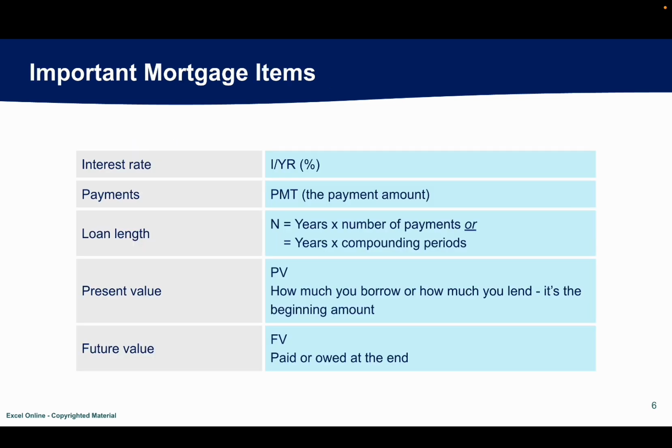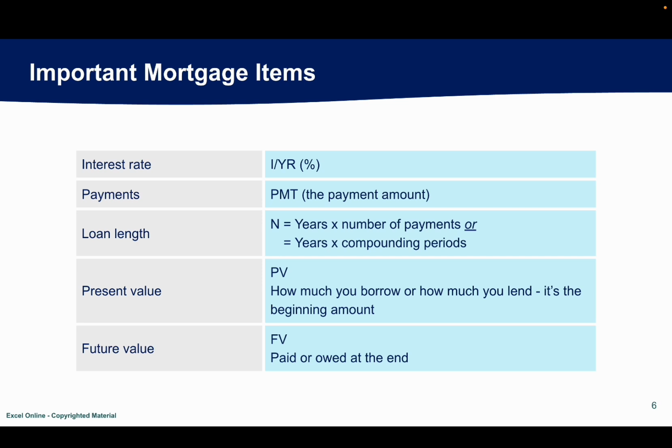So to go over all the important mortgage items, we need to know the interest rate, which is I/Y or R% on the calculator. We need to know payment and payment frequency, which is PMT. This is how much is paid and how often. Then the loan length. This is N for how long the loan is.